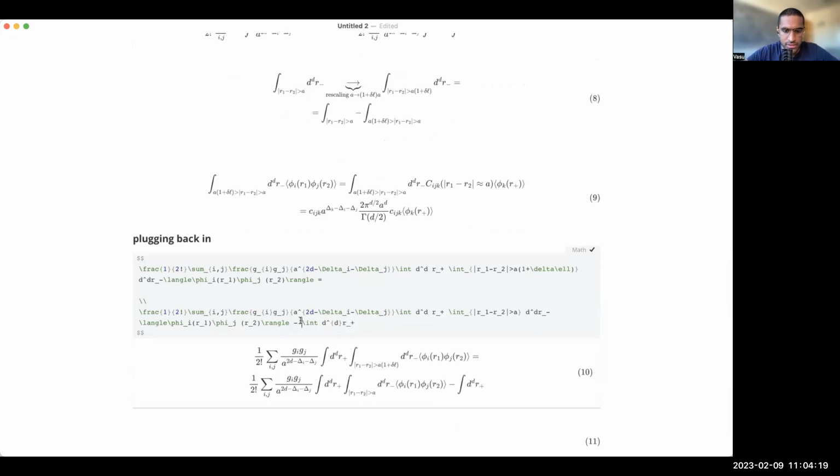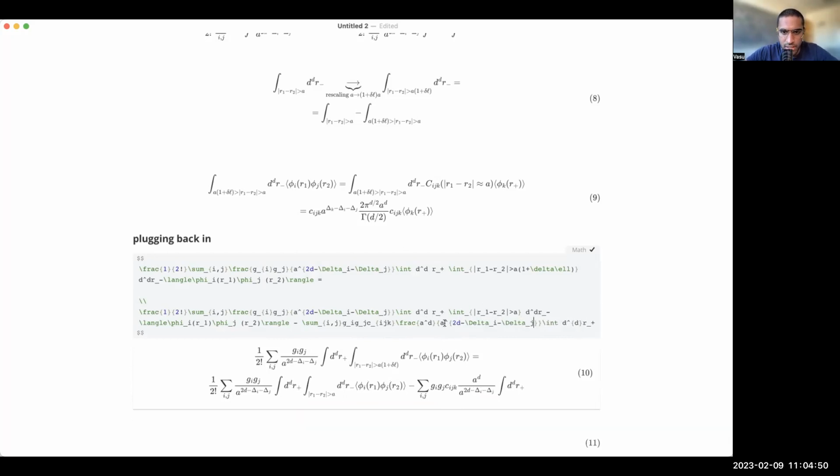And what else do we have? We have the sum over ij, we have gi, gj, and we have c ijk. We have a to the power d divided by a to the power 2d minus delta I minus delta j.